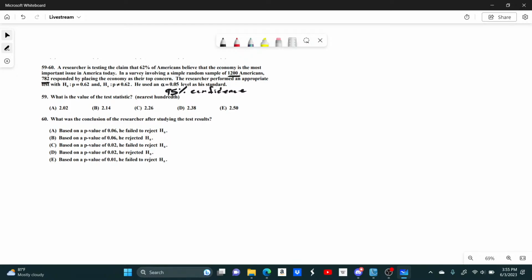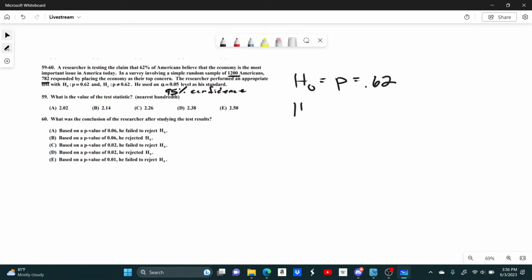So there's a lot to unpack here. First of all, our null hypothesis is that p equals 0.62, which means the proportion of Americans that think the economy is the most important issue is 62%.